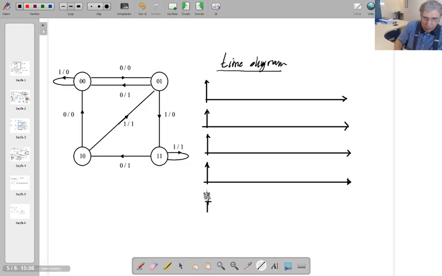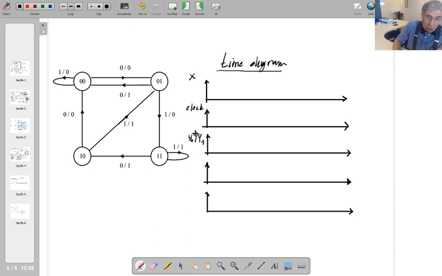So let me repeat, let me name them all. That is x, and that is clock. That is y1, at the same time y2, small y1, capital Y1.